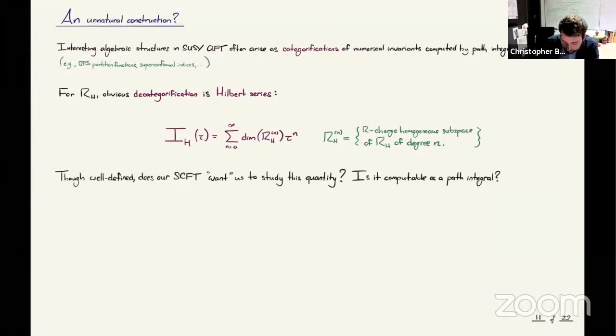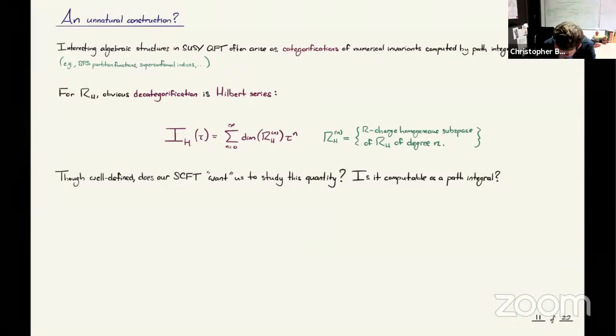And given this simple observation, a reasonable question is whether our superconformal field theory wants us to study this particular quantity. It's well defined because the ring is well defined, and so this Hilbert series is well defined. But it would be nice if that Hilbert series was something that I could define as some sort of path integral of my four-dimensional quantum field theory on some background.